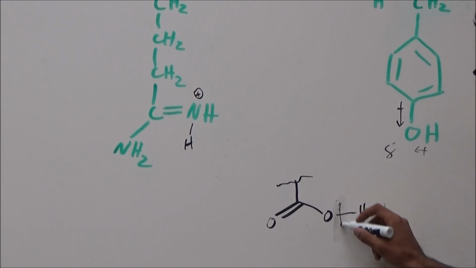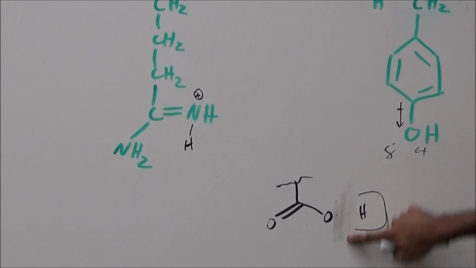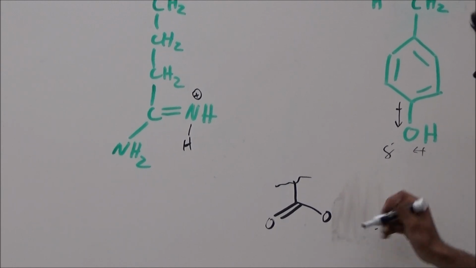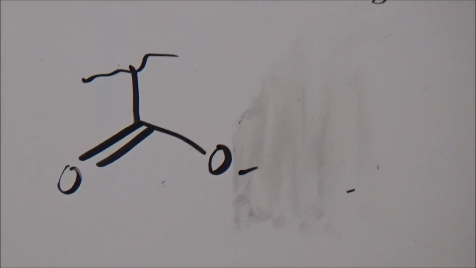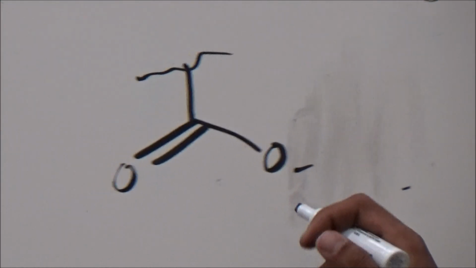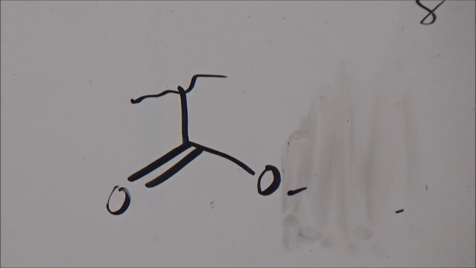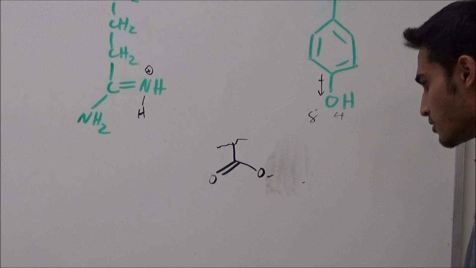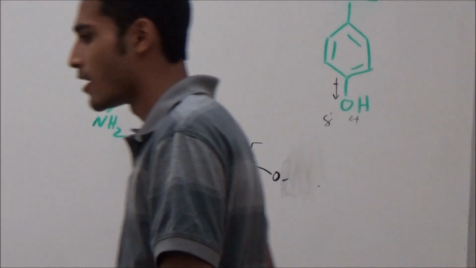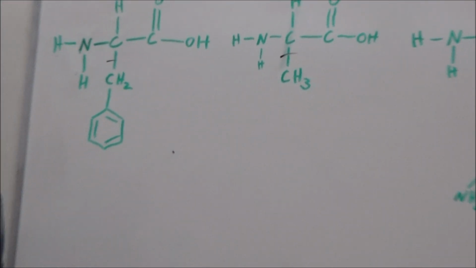If it donates this hydrogen, it's going to end up looking something like this, which is actually how your book shows it. So anything that has this group is therefore acidic, anything with nitrogens is basic, and so on.